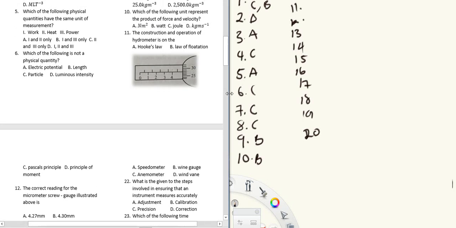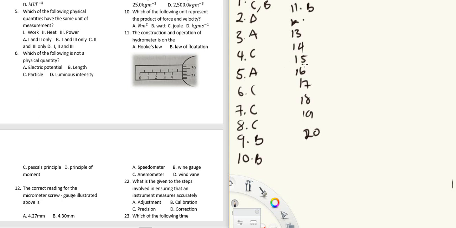So definitely our answer is the law of flotation, because it uses flotation to measure the density of a liquid. The deeper it sinks, the greater the density; the lighter it sinks, the less dense the liquid is.